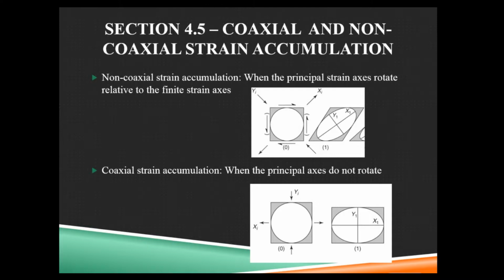And non-coaxial strain accumulation is when the principal strain axes rotate relative to the finite strain axis. So there is rotation. Coaxial strain accumulation is when the principal axes do not rotate.